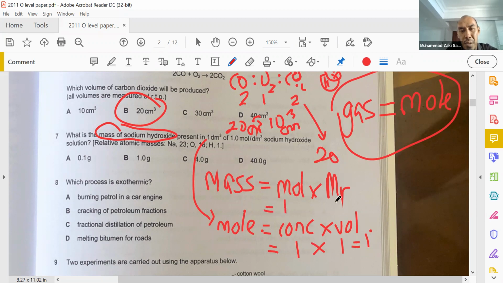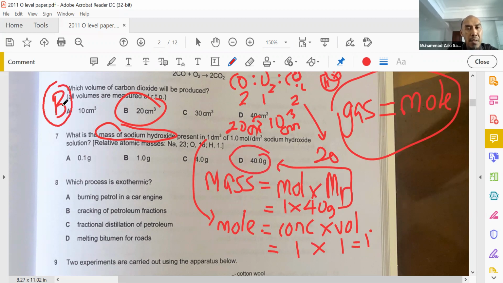Now the Mr of sodium hydroxide should be 40. Very quick, I remember the Mr for sodium hydroxide. So the answer should be D. So this is B, this is D.